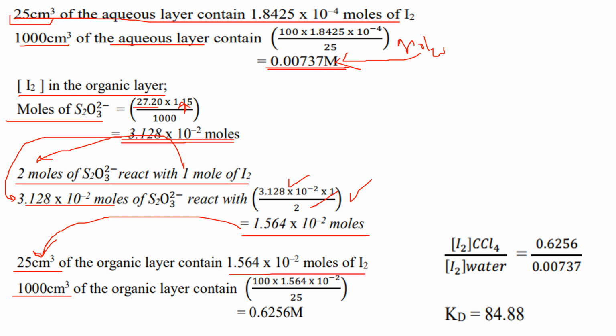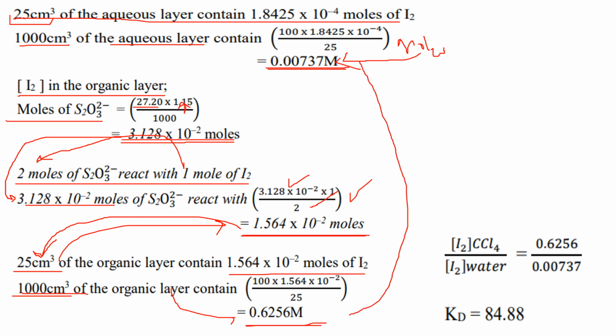So if 25 centimeters cubed contain these moles, then 1000 is going to contain how many moles? By getting this, you have the molar concentration of iodine in the organic layer, and we also got the molar concentration of iodine in the aqueous layer. So we have these two.